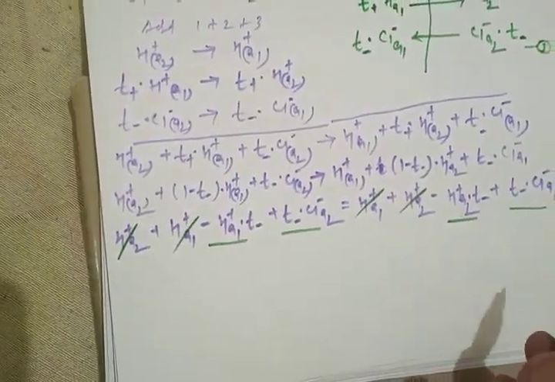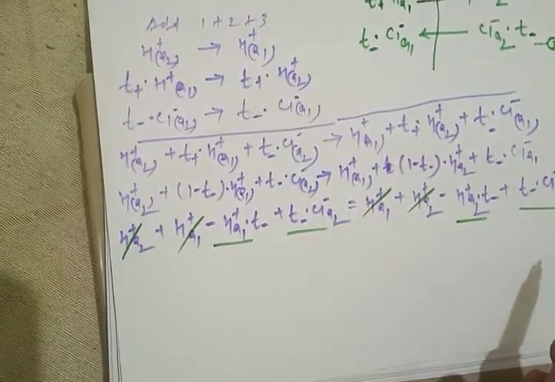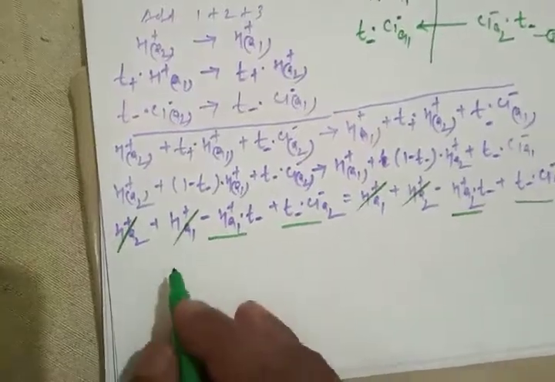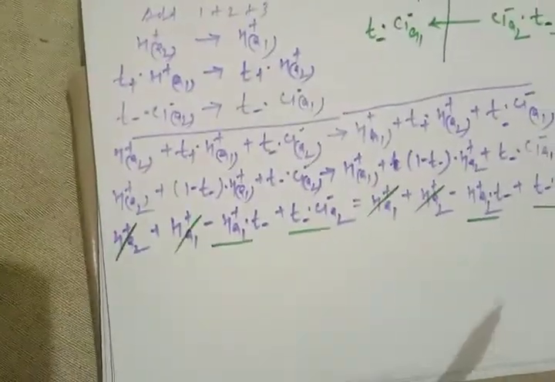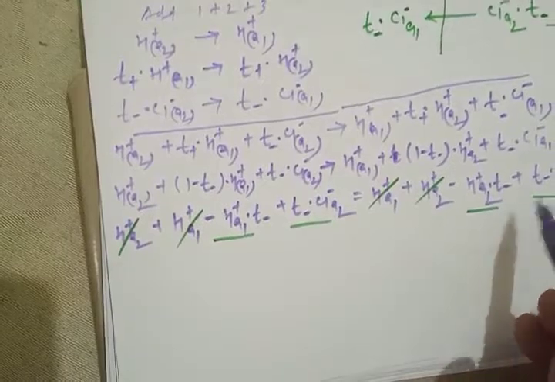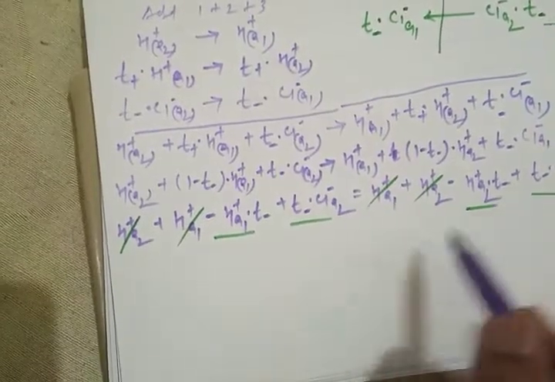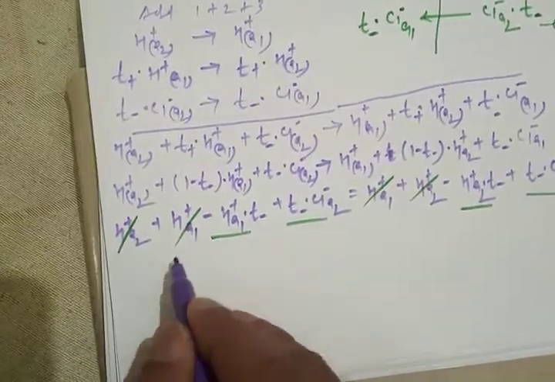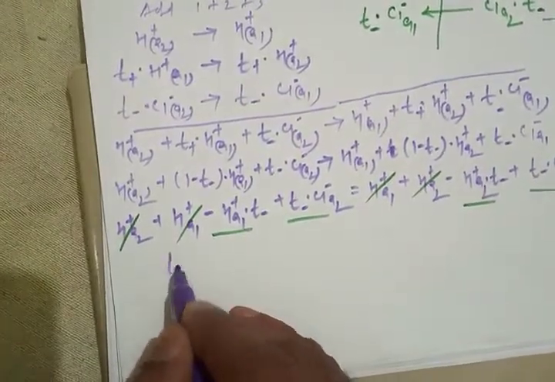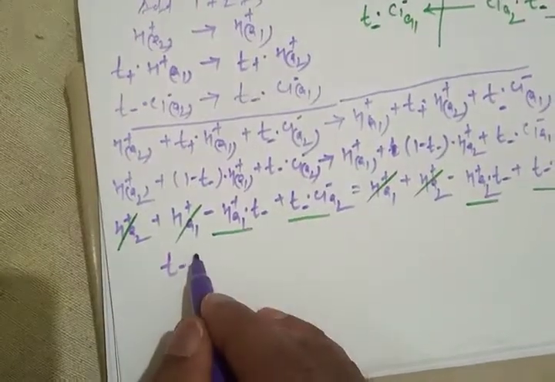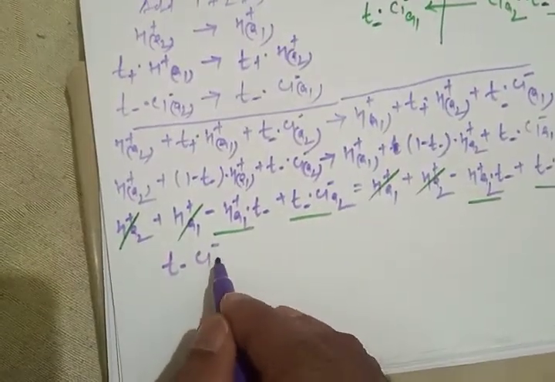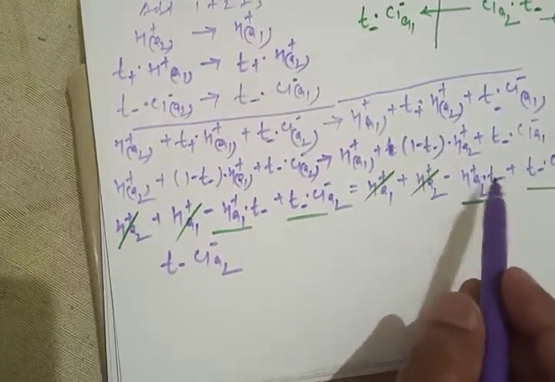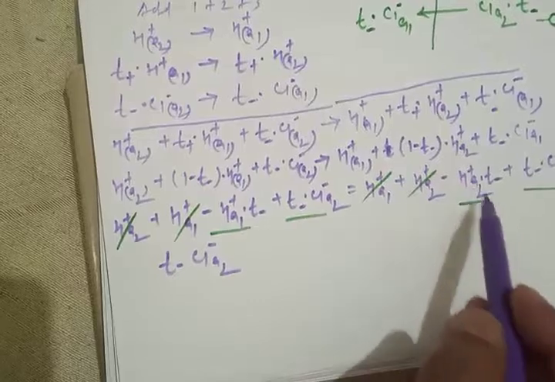So let's write first, this is T minus Cl minus A2, and this is T minus H plus A2.